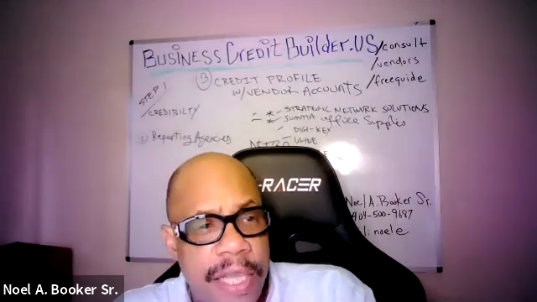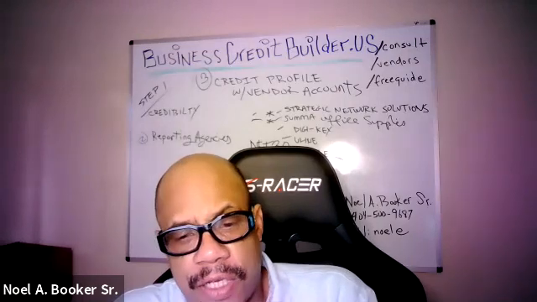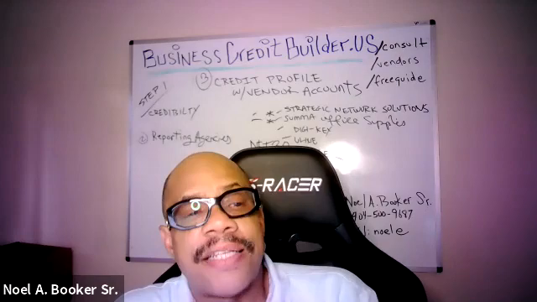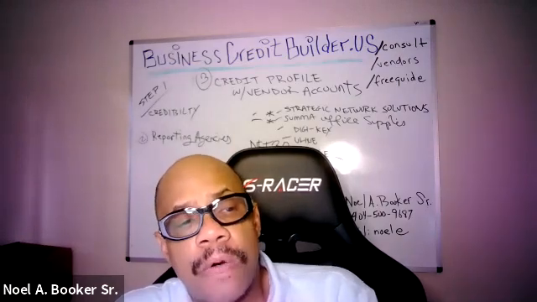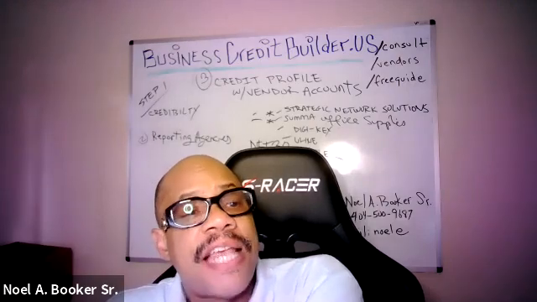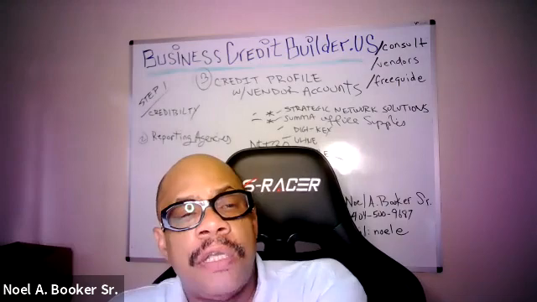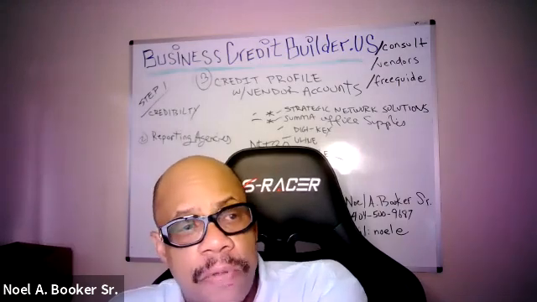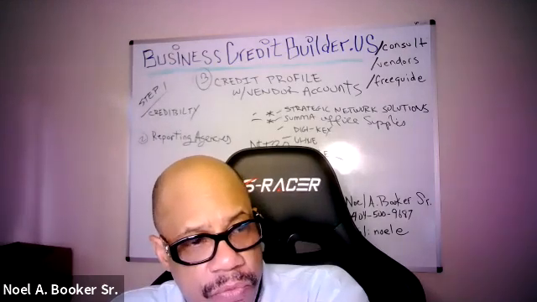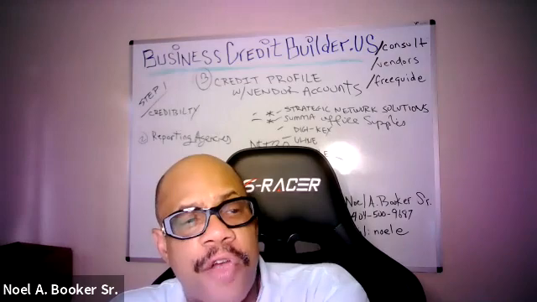Now, remember what I said. Building business credit is a step-by-step process. Each step is needed for the next step. You cannot skip a step. So this net 30 step is necessary to get to the next step because the revolving accounts need you to have credit already.